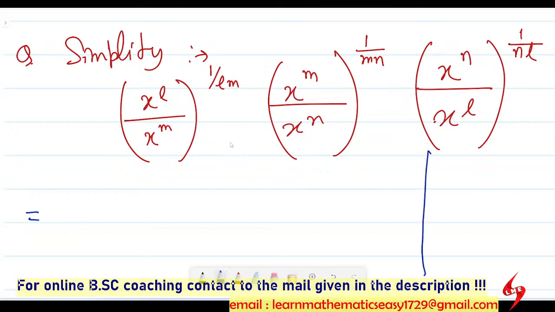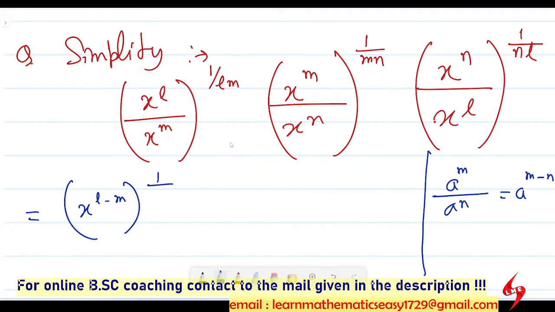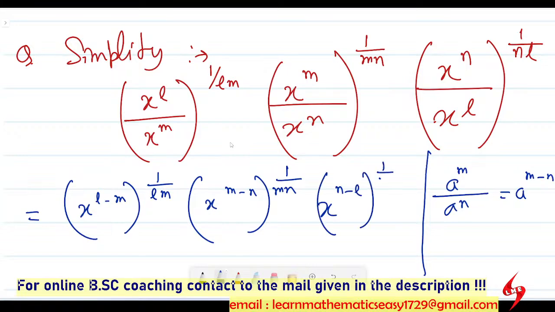Here we all know that e to the power m by e to the power n means e to the power m minus n. So x to the power L by x to the power m means x to the power L minus m, and the whole to the power 1 by Lm. Similarly, we just do the sum here like this. So this is my n minus L, 1 by nl.